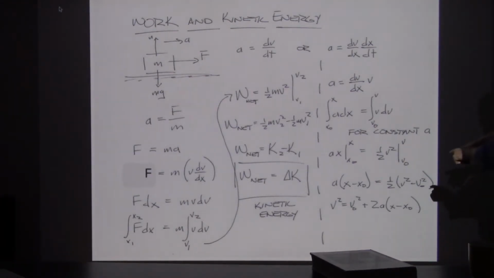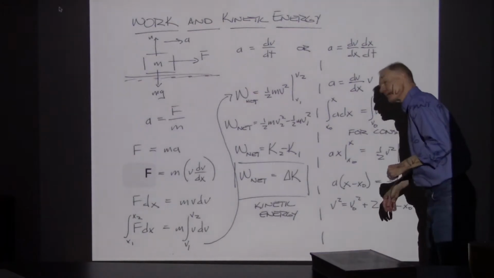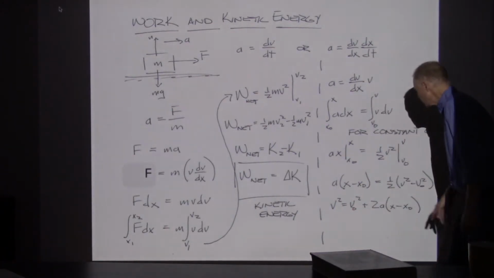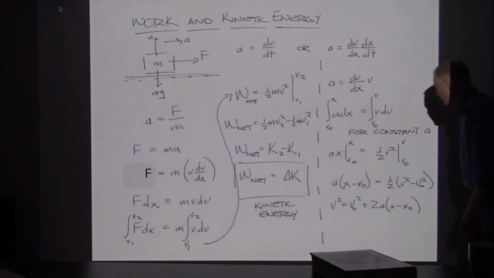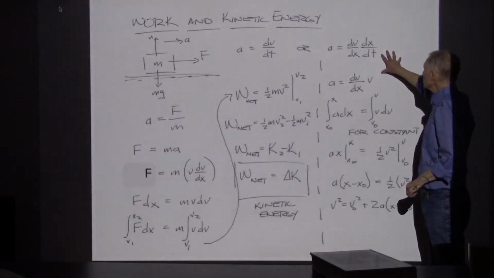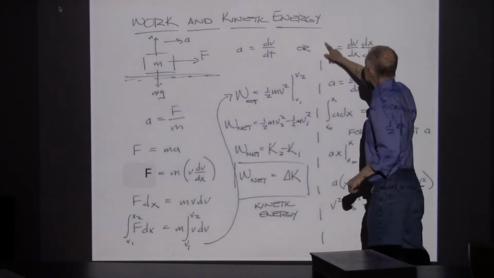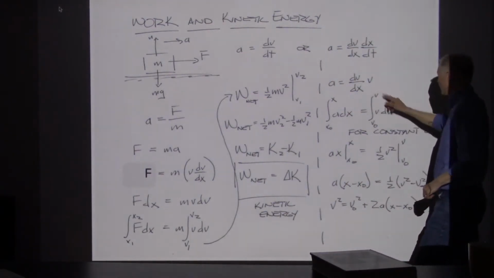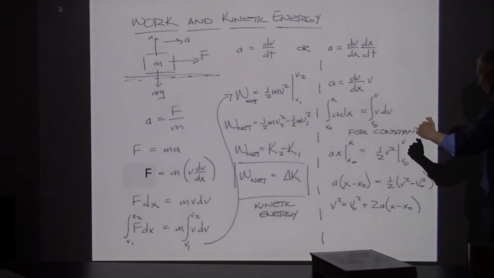So this formula right here, if you remember from chapter 2, v squared is equal to v naught squared plus 2a times x minus x naught. We derived it differently back in chapter 2, but now we're going right to the source and saying we could start from this definition right here for acceleration, carry through these integrations.